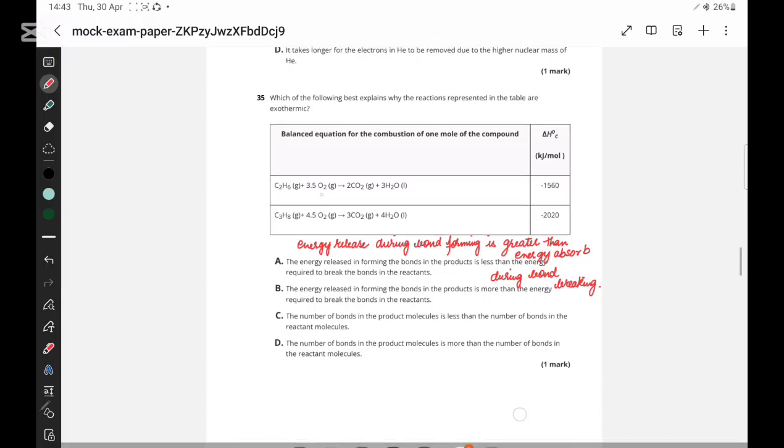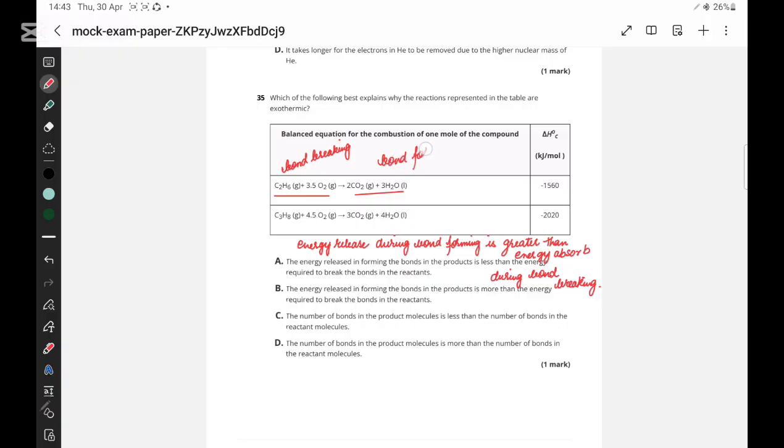Bond breaking occurs on the reactant side, and bond forming occurs on the right side. Just remember, energy released during bond forming is greater than energy absorbed during bond breaking, and this is explained by option B, which says energy released in forming the bonds in the product is more than the energy required to break the bonds in the reactant. So option B is going to be the right one.